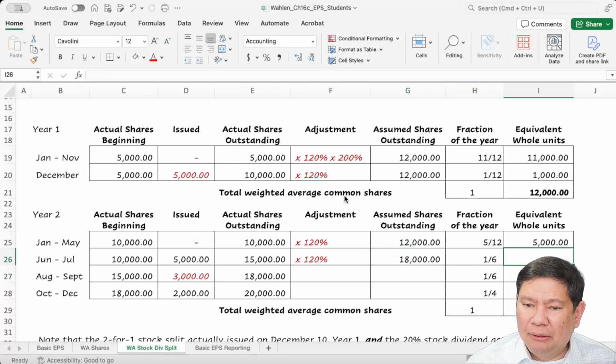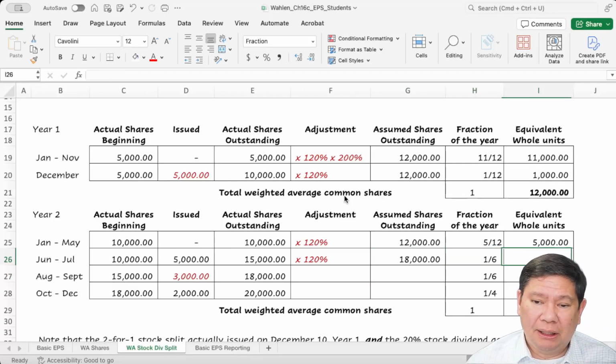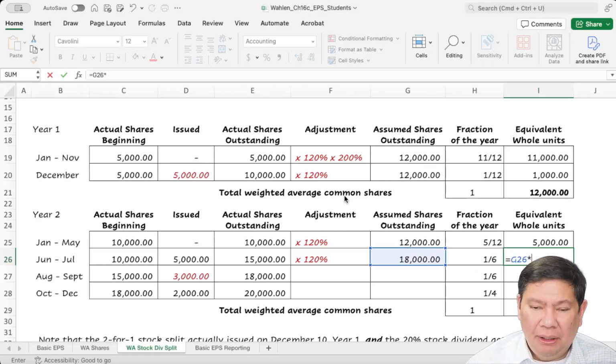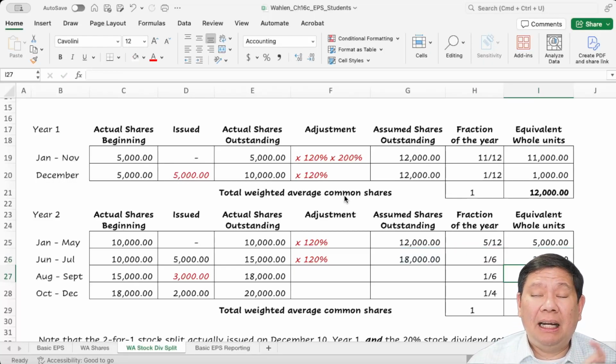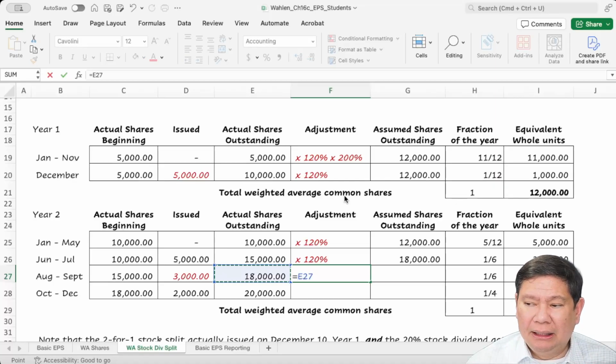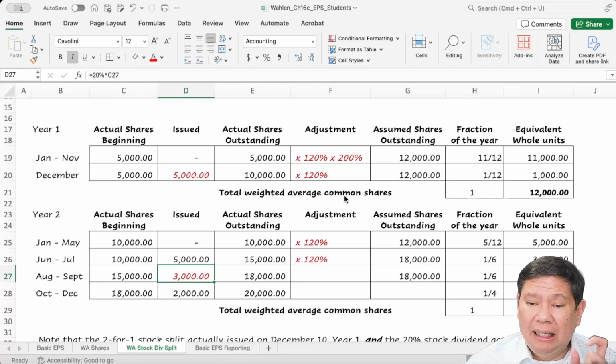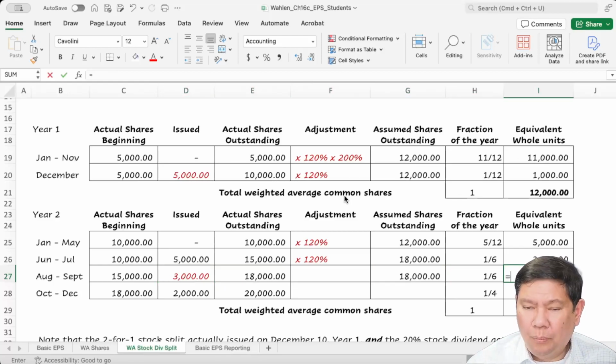That's 18,000 for 2 months out of 12, which is 1/6, equivalent to 3,000 shares. And then August and September, 18,000. No adjustment, so we use 18,000 because that's the month that the stock dividend happens. So 1/6, or 2 months out of 12, times 18,000.